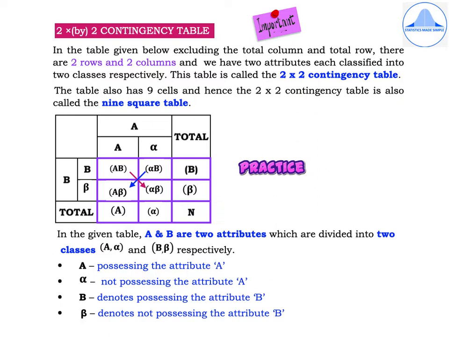Also in the table, you see that there are two cross arrows, one in pink color, that is from AB to alpha beta, and the other in blue color from A beta to alpha B. These have to be marked for every 2 by 2 contingency table, which will help us to remember the formula for calculations.